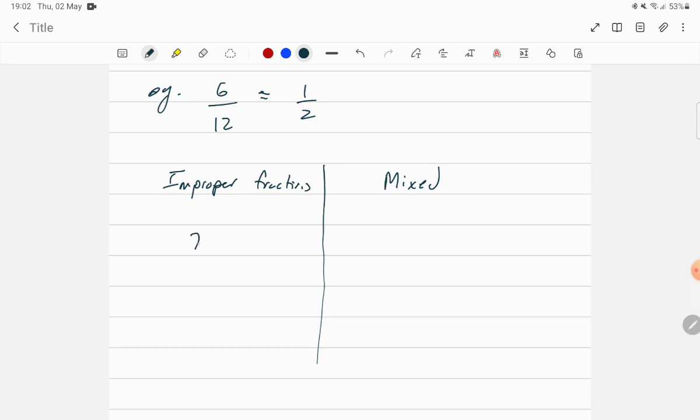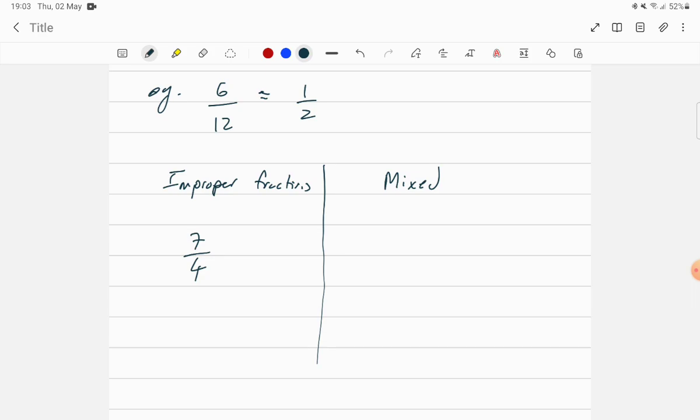So for example, you'll get 7/4. Generally, when the numerator is bigger than the denominator, it's best to keep it in improper form, depending on the situation. What this is telling you is that 7/4 means there are 7 quarter pieces. So that tells you that you have one whole and then three other quarters.